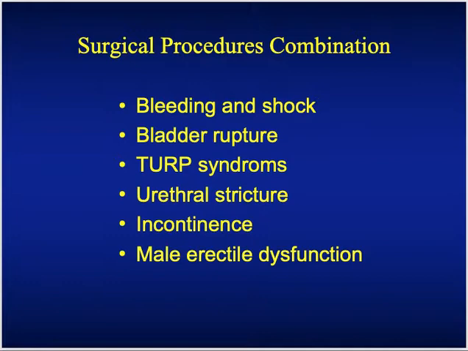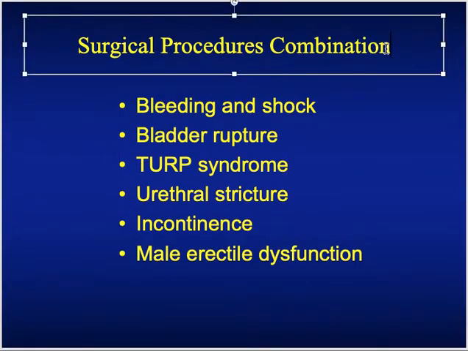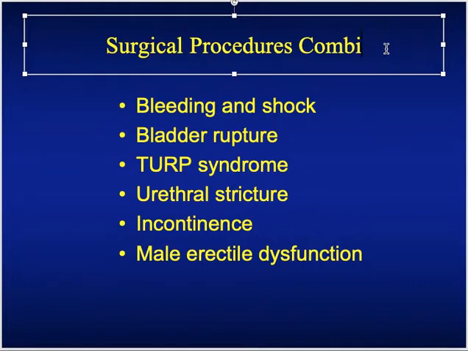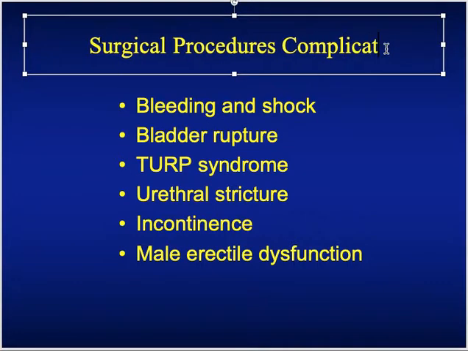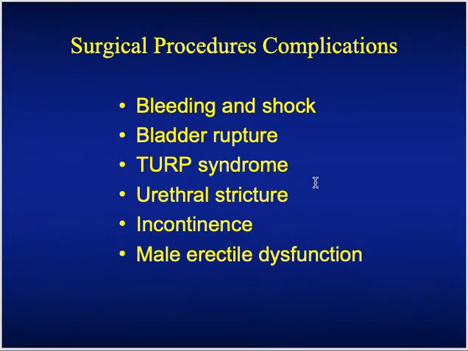What are the complications? This is written over here. Sorry, this one is a wrong spelling. Complications of surgical procedures, of course, as I told you: bleeding, hemorrhage, is a complication of all the surgeries.